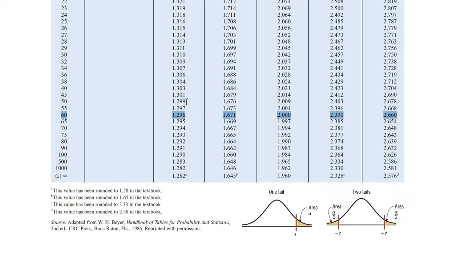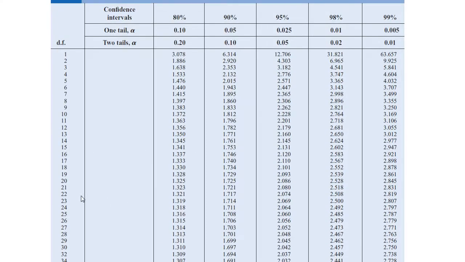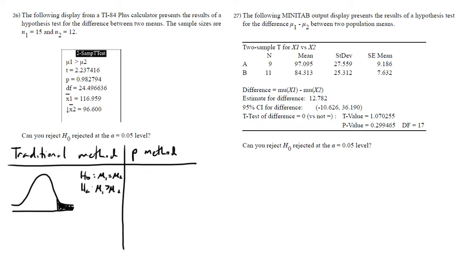Here we go. 24 degrees of freedom, one-tailed, 0.05. There we go: 1.711.